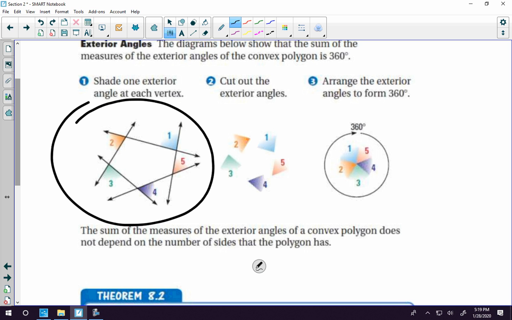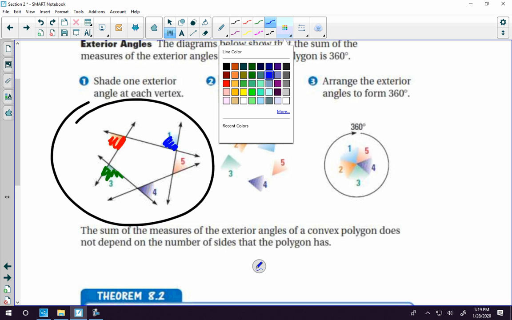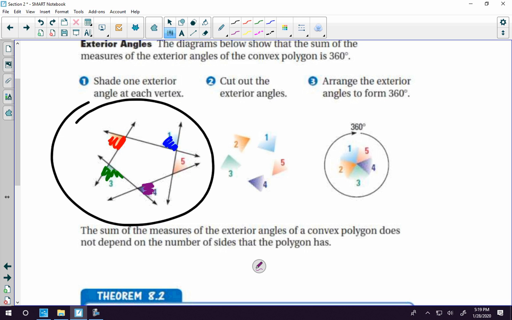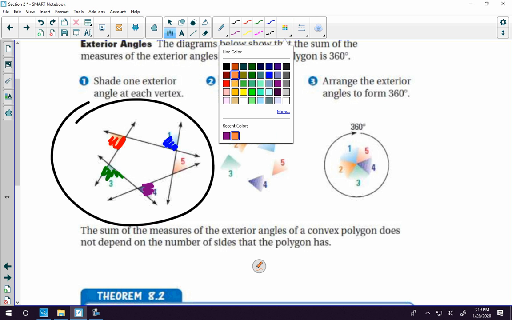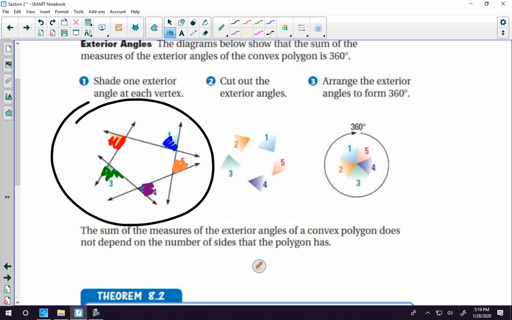if you look at angle 1 in blue, that's one of the 5 exterior angles. Then we got a second exterior angle there. There's a third exterior angle here. And there's a fourth exterior angle here. And then you have a fifth exterior angle in there.